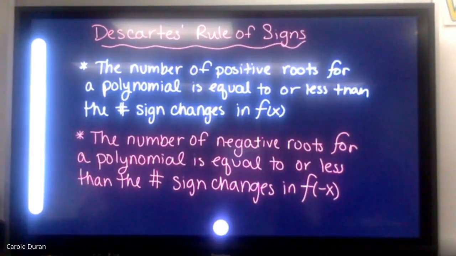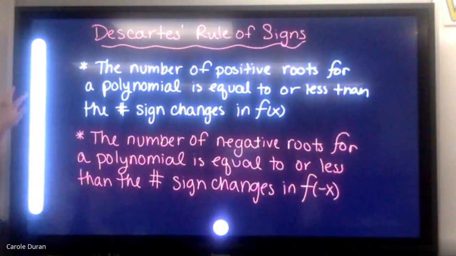So the number of positive roots is equal to or less than the number of sign changes we have in the original function. To determine the number of negative roots, we have to plug in negative x everywhere there's an x, and we have to simplify. Then we count the number of sign changes again. The number of negative roots I have is equal to or less than that number of sign changes.